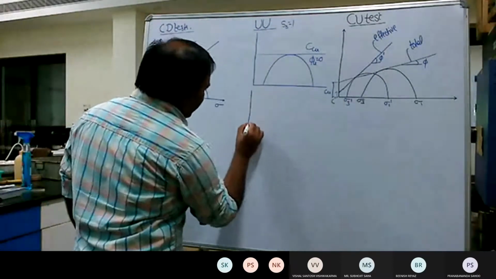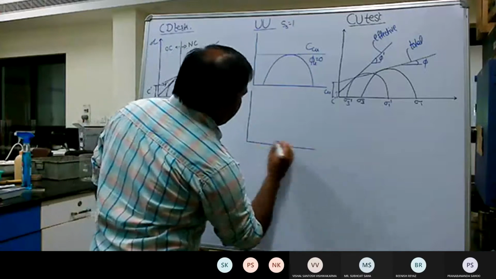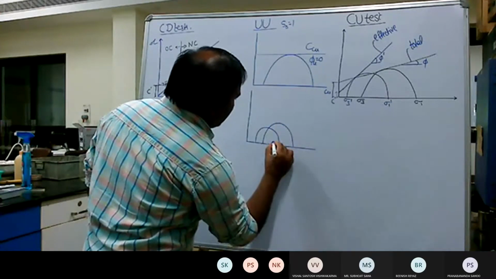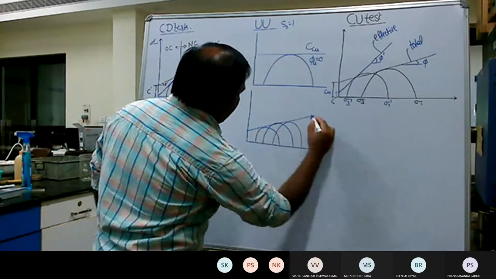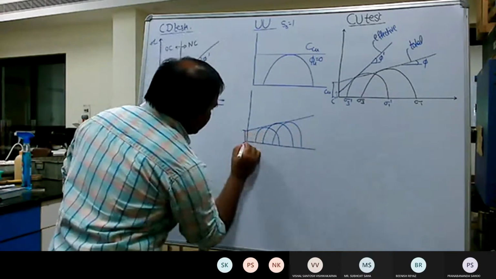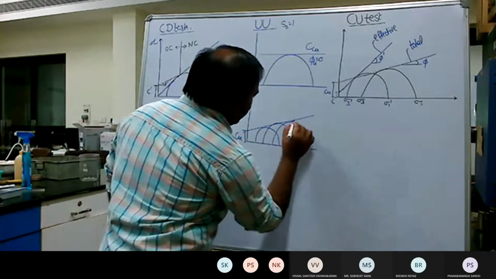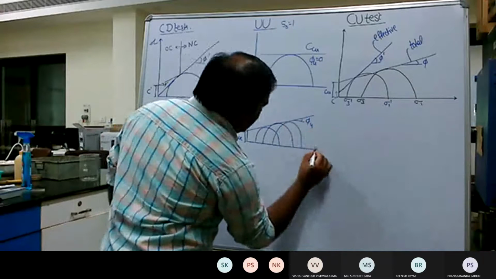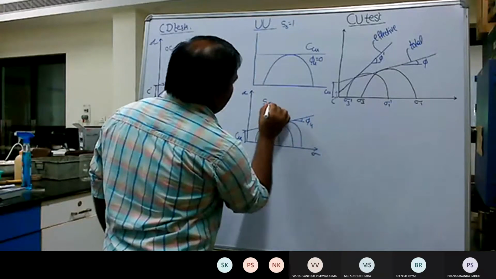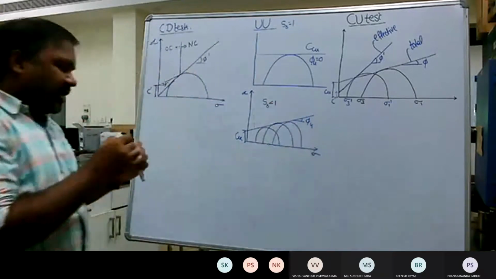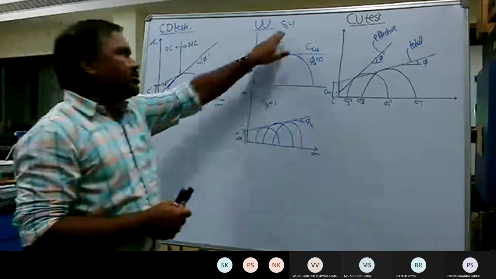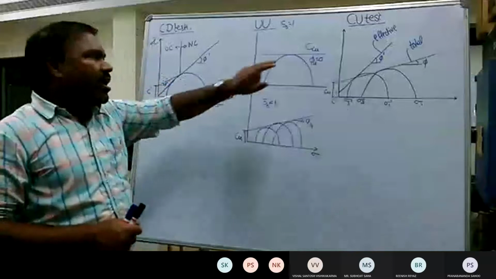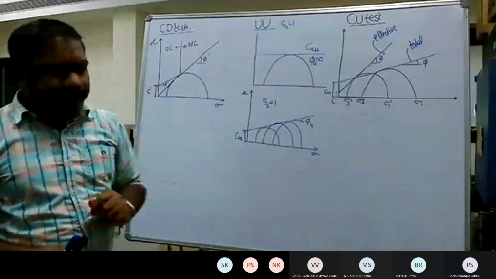Suppose you account for the effect of the degree of saturation, then it looks like this. In that case you get both the c_u value and the phi_u value. So this is tau, this is sigma, where S_r is less than 1. Where S_r is 1, when you maintain the degree of saturation at unity, you will get a single value of the shear strength parameter, that is c_u, the undrained cohesion, where phi_u is 0.